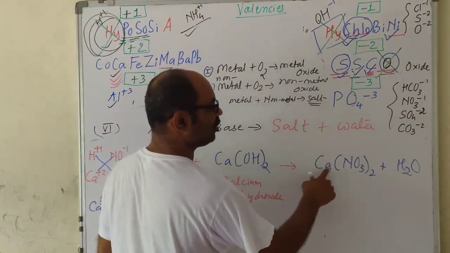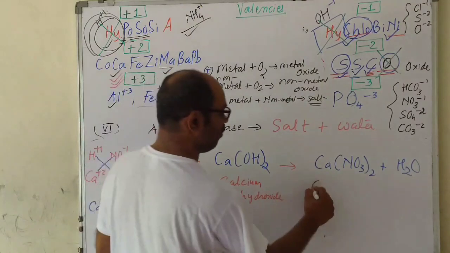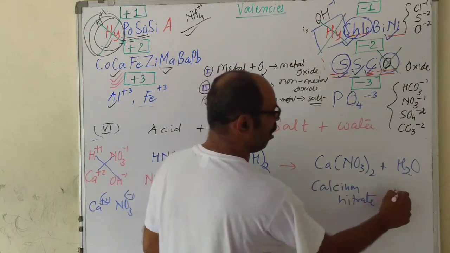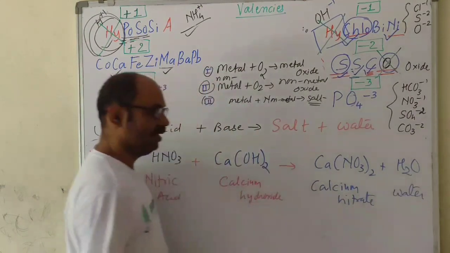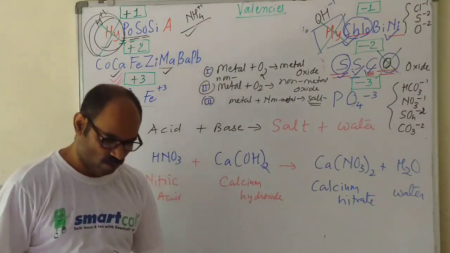This is calcium nitrate. इसका नाम क्या होगा? ये कैल्शियम है और ये नाइट्रेट है. So name of this salt is calcium nitrate, and you got water. Is that clear to you? So when acid reacts with base, you get salt and water.